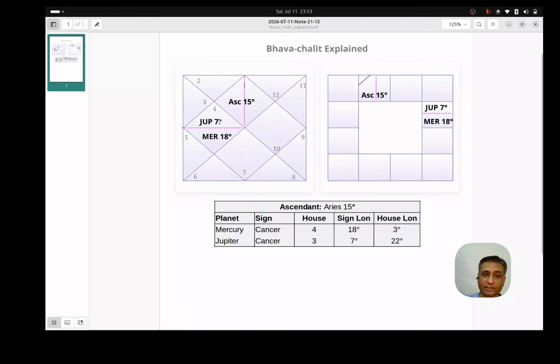When we say fourth sign, that is fine. But when we say fourth house, we are wrong in the context of Bhava Chalit. Because if we are dividing the sign into houses, which is what Bhava Chalit does, then Jupiter goes to the previous house and Mercury is in the fourth house.